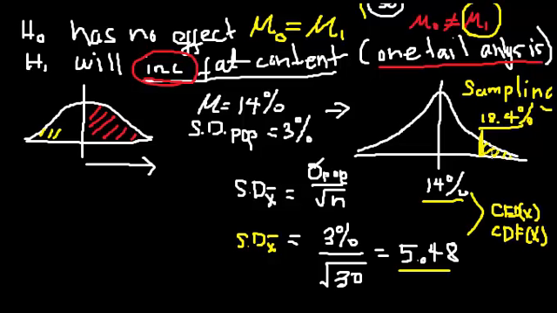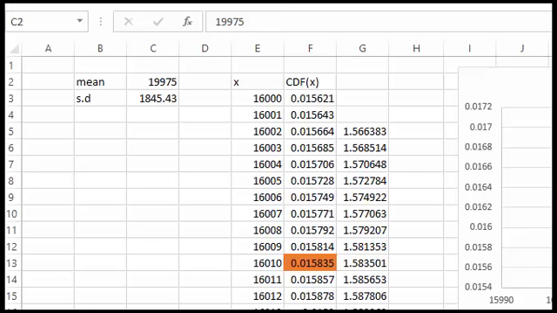So for us to determine the probability of 18.4 happening, we need to grab our Excel and we need to code for the cumulative distribution function given the mean and given this standard deviation. Alright, let me grab Excel and let's find out.